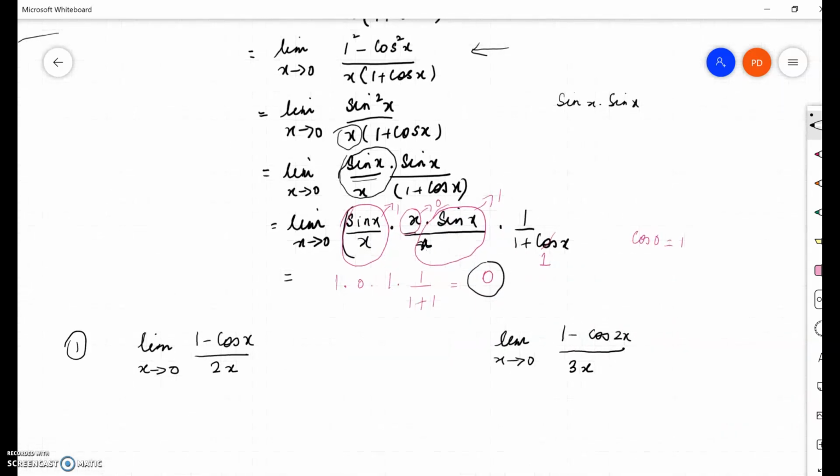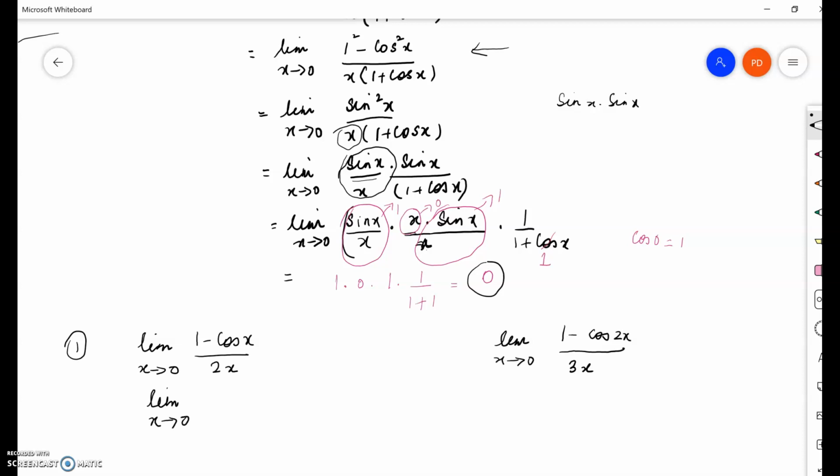Let's look at the first one. 1 minus cosine of x over 2x as x approaches 0. Now the minute you see a 1 minus cosine of x and an x in the denominator and as x approaches 0, then we have to remember the theorem. So we rearrange the terms so we can use the theorem.